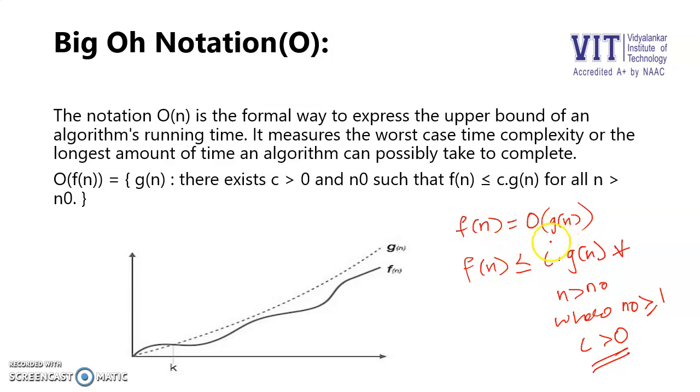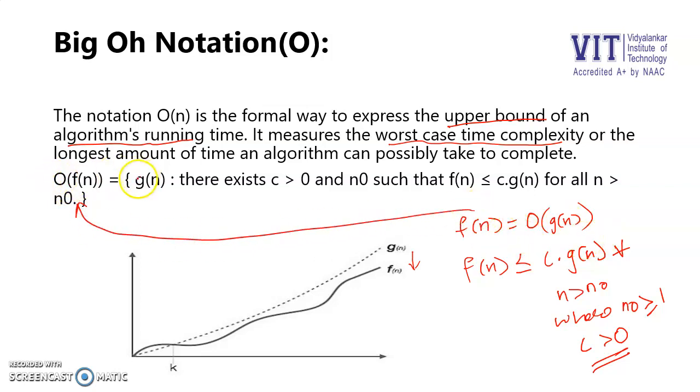It means that f of n is big O of g of n. Means the worst case for function f of n is g of n. Means f of n will always be less than g of n. Okay. It is used to represent the upper bound of the algorithm running time, and it always measures the worst case time complexity. Remember, here we have written this in another way.